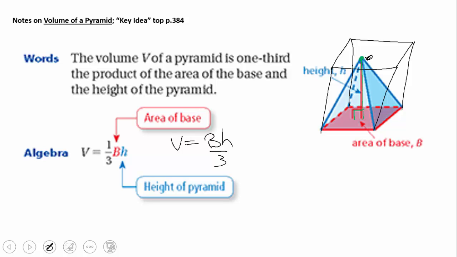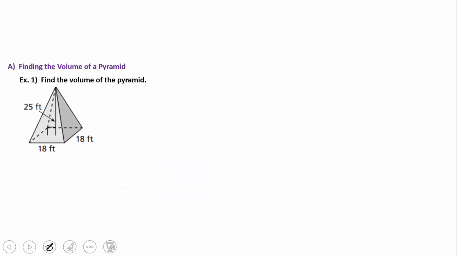I know that's kind of a hard drawing to see, but it really does. And don't worry, we're going to do an experiment, and I'm going to prove to you in class that a pyramid really does take up 1/3 of the volume of the prism that has the same exact base and the same exact height. All right? So let's just use the formula. Let's just go through some examples and let's just get this done.